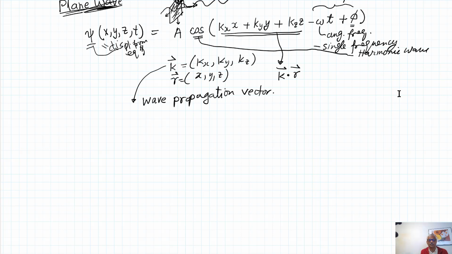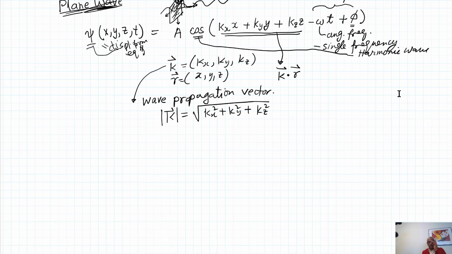Of course, the magnitude of k will be the square root of kx squared plus ky squared plus kz squared.